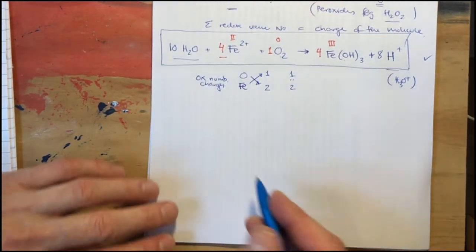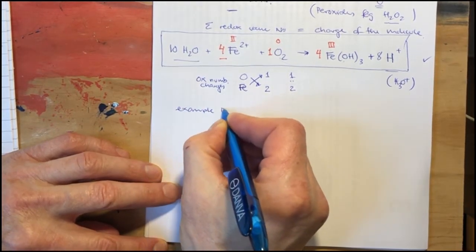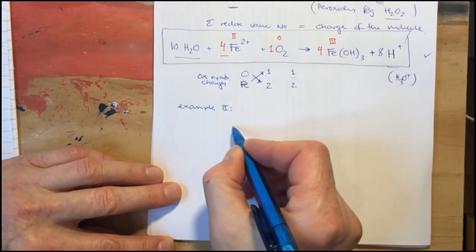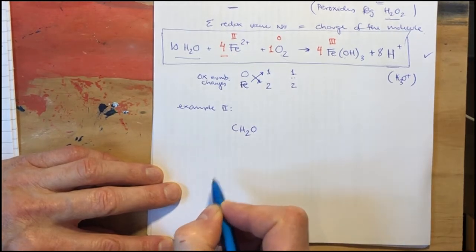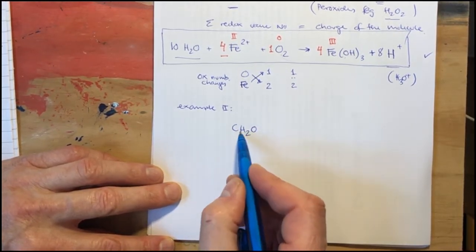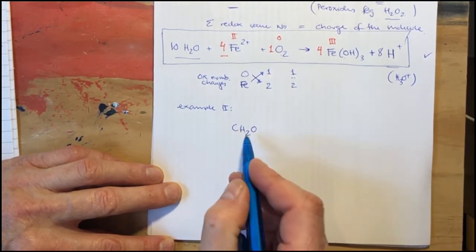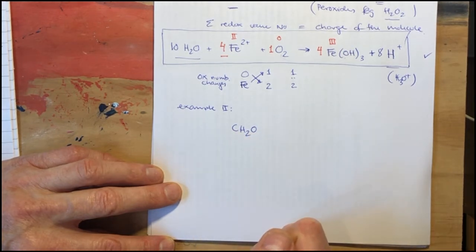Another example: look at what if I have some organic matter, and I could write this as CH2O, so a hydrocarbon. This is just a very simple representation of organic matter, with typically distributed numbers of oxygen and hydrogen and carbon in an organic molecule.